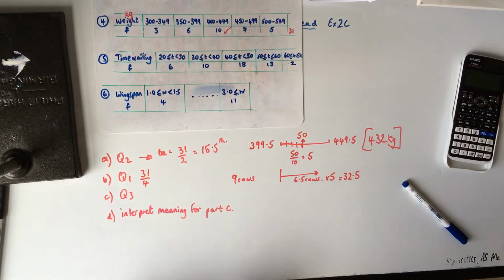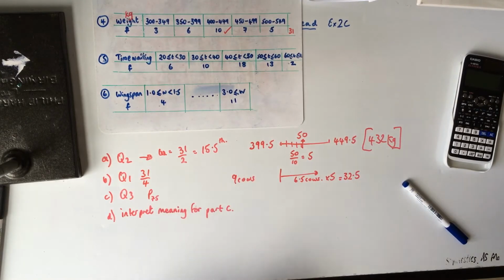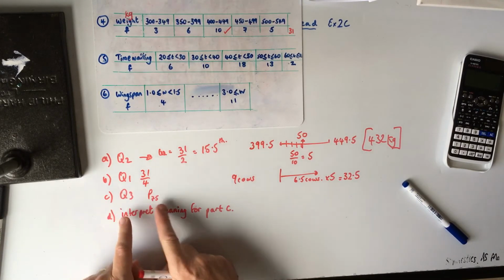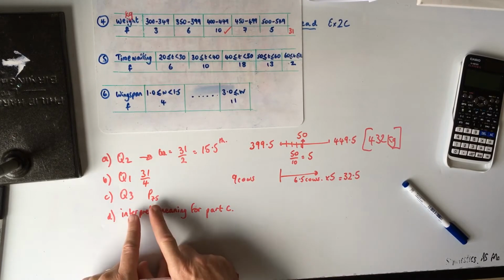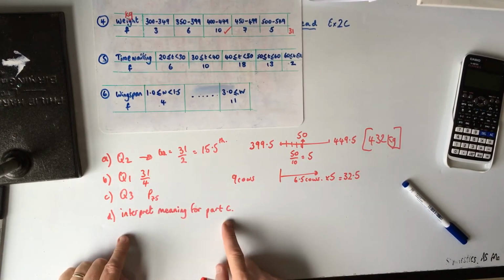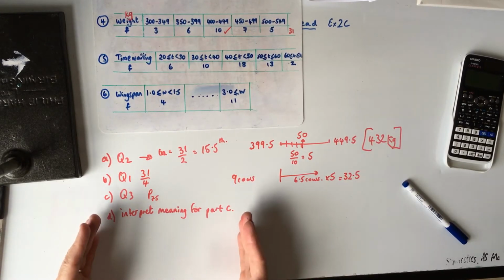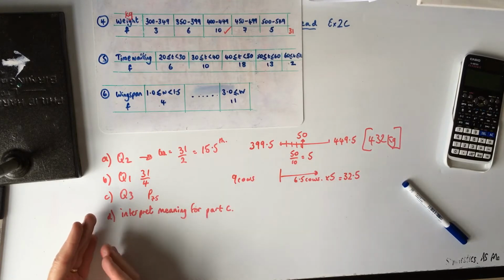Once you found the quartile 3, you found effectively the 75th percentile. So when it says interpret the meaning for part C, all you're saying is that whatever weight you get, 75% of the cows are less than that weight.